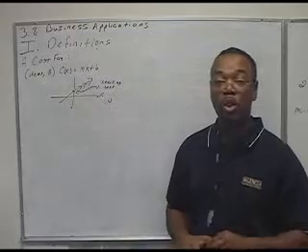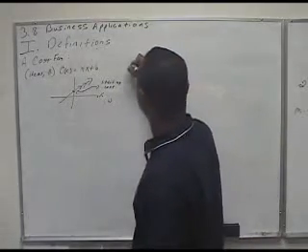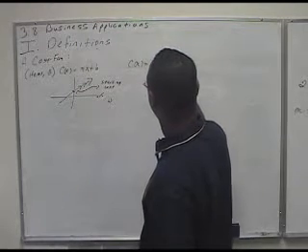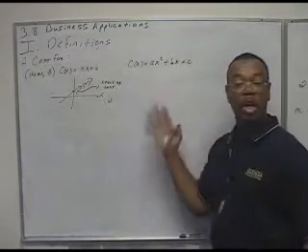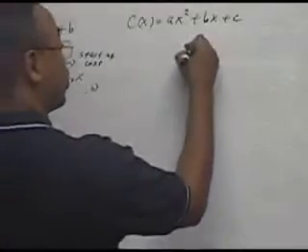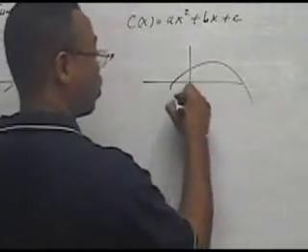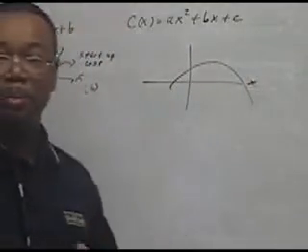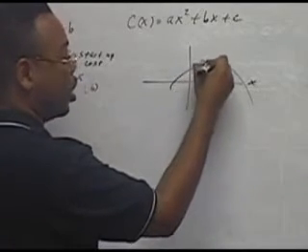Now, we're going to introduce another cost function that is a quadratic. When we graph this cost function, we'll start inputting items, and you'll notice the costs are going up.